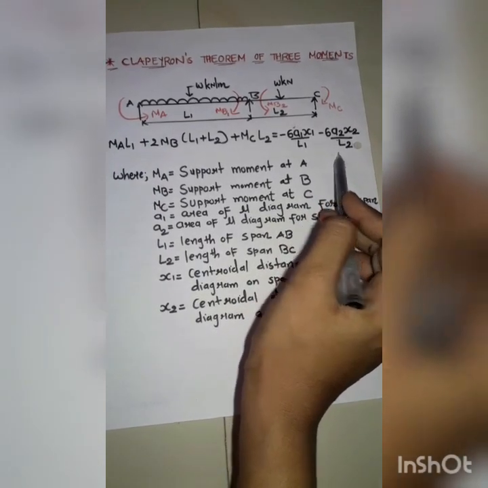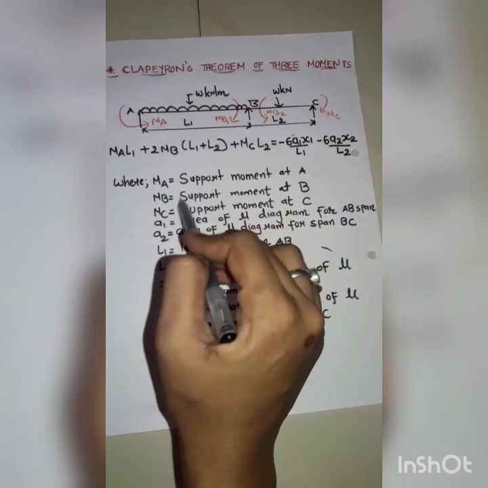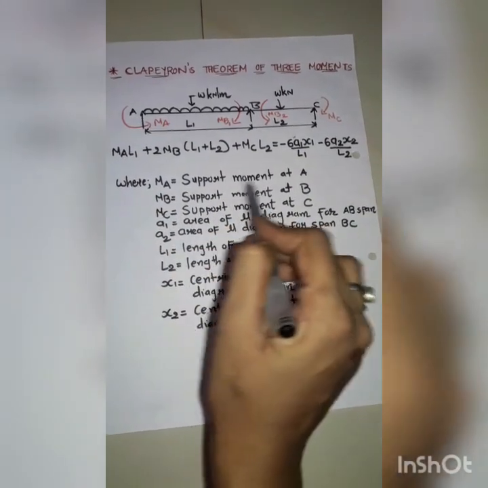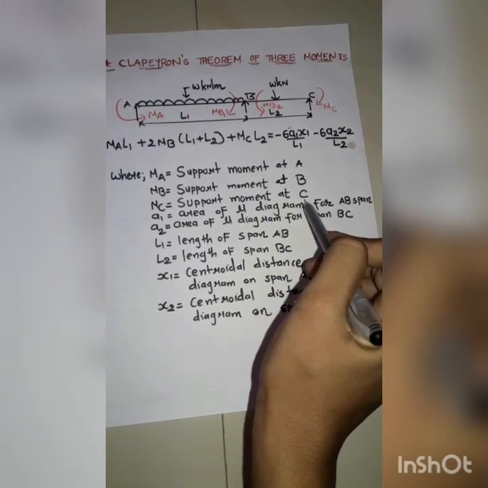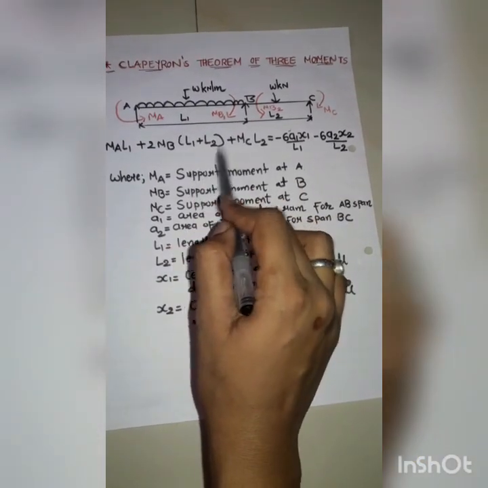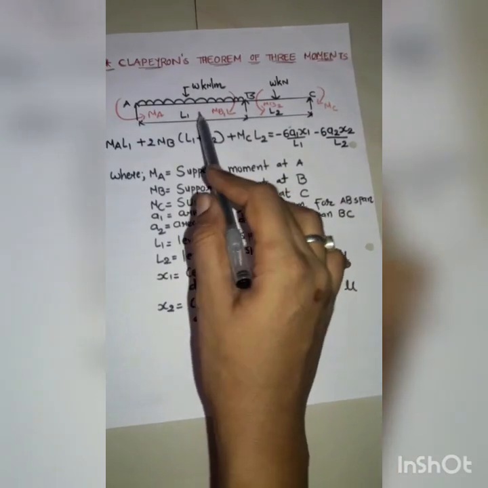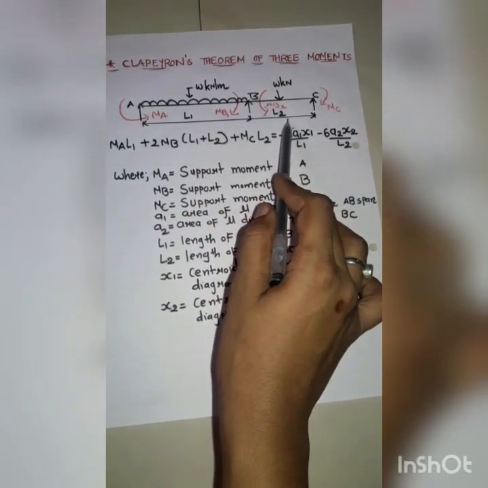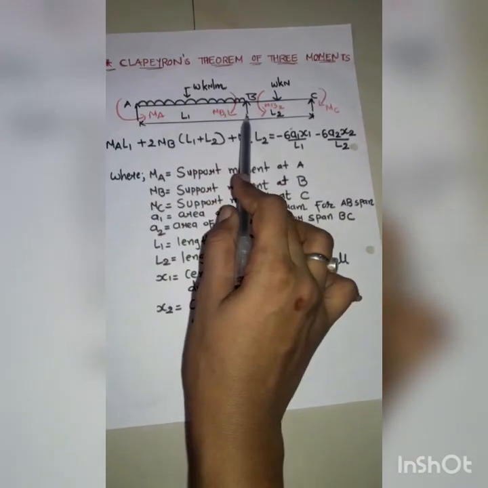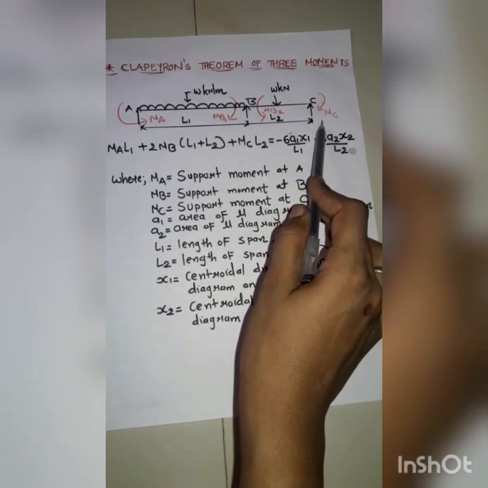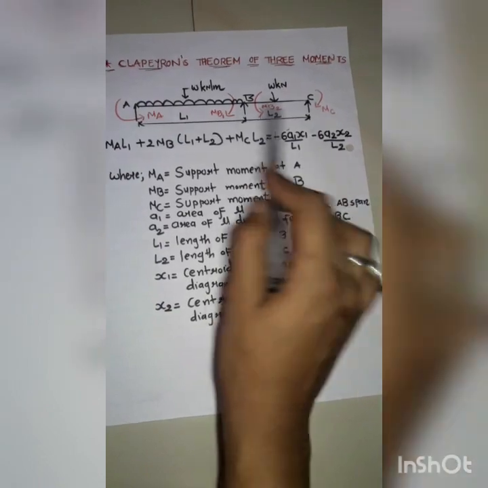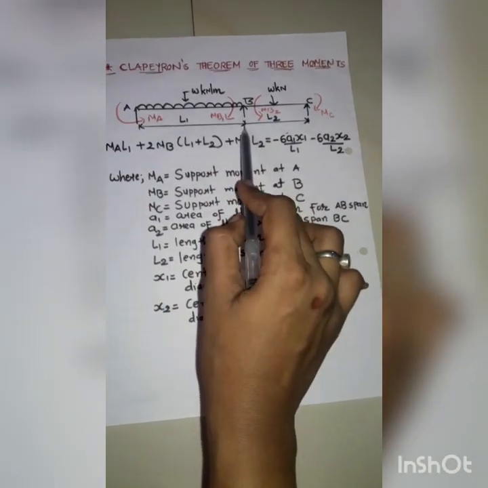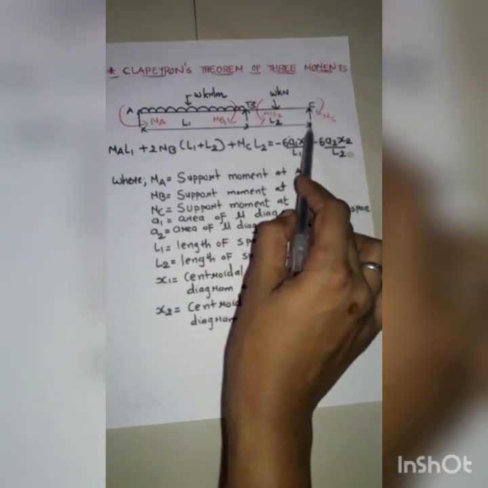Now MA, MB, MC are the support moments of A, B and C respectively, and L1 and L2 are the span AB length and span BC length. A1 and A2 are the area of span AB and area of span BC.